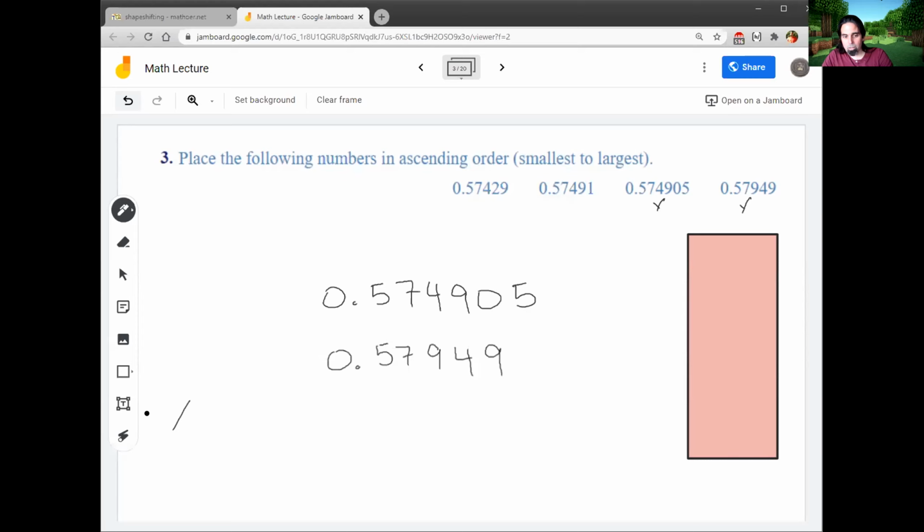Yes, I'm not sure I'm quite ready to look at the second one though. I just want to know, should I put this one up top or down below? Below. 5, 7, 4, 2, 9.